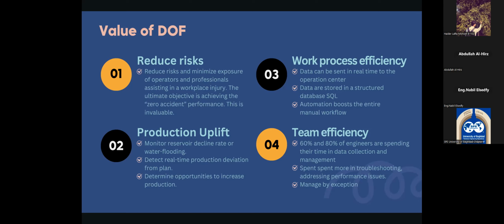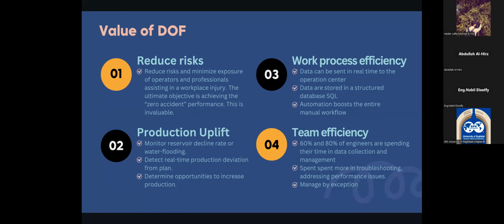The third value of digital oil field, as we said, is the work process efficiency. Now the data can be sent in real time to the operation system. Now the data can be stored in a structured database, which we call SQL database. Automation boosts the entire manual workflow, and we have been talking about this a lot in the previous slides.